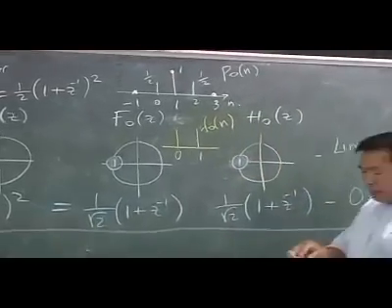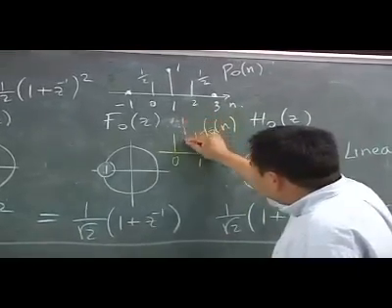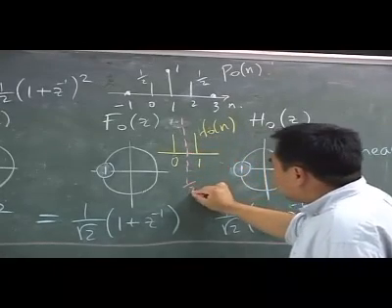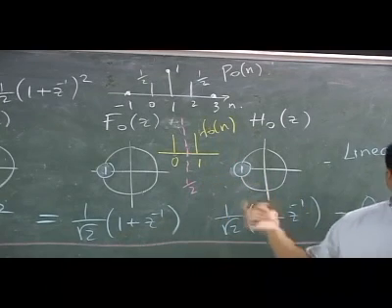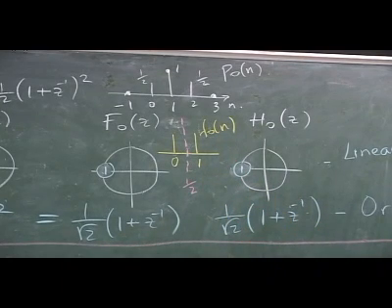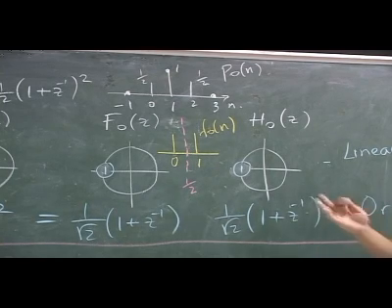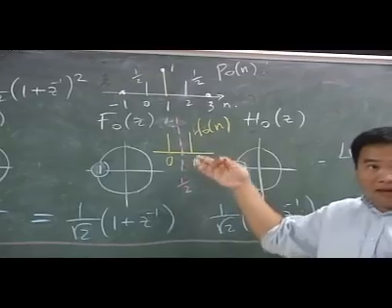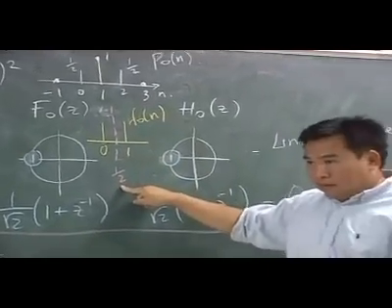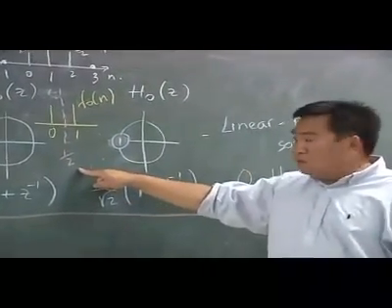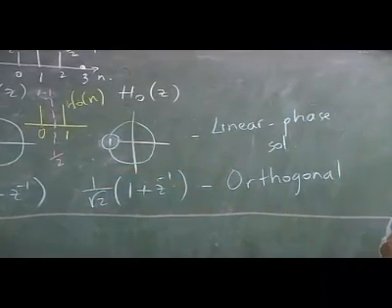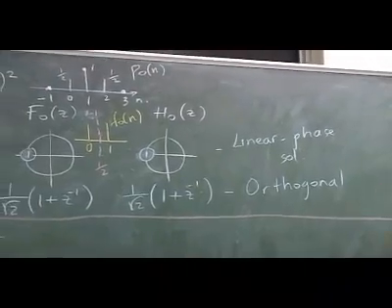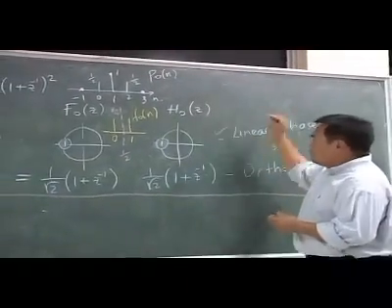I can see that there's a center of symmetry at 1/2. So my phase is minus 1/2 omega. So that's how you recognize whether a system has linear phase or not: whether it has a center of symmetry. And that particular index, where the center of symmetry is, is the slope of your phase response. Alright, so recognizing linear phase is easy.